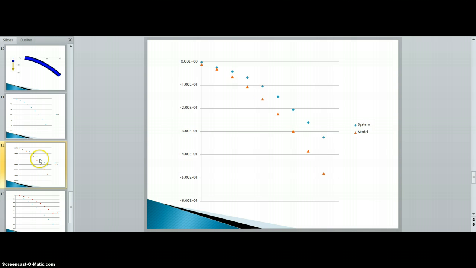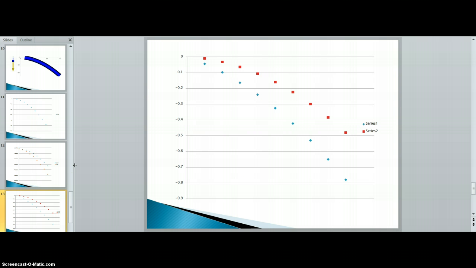And then I compared it to the graph from the system, but this was Python without plugging in the drag force, so the position was an overestimate. And then I plugged in the drag force, and the drag force was too much, so it was actually an underestimate.